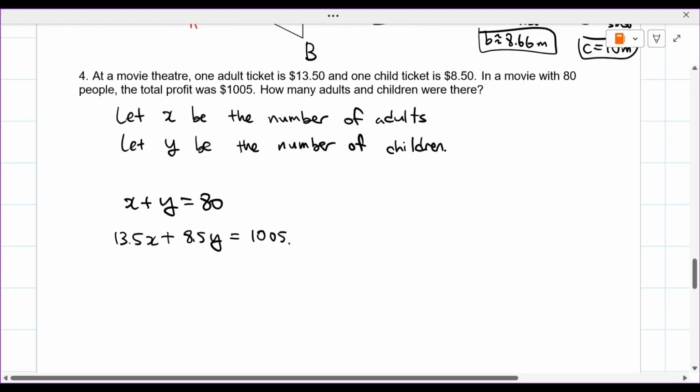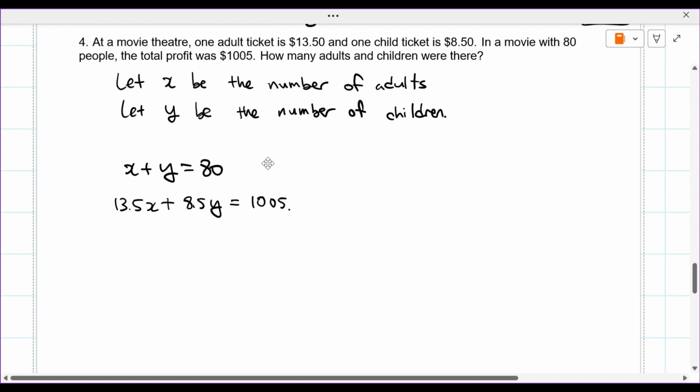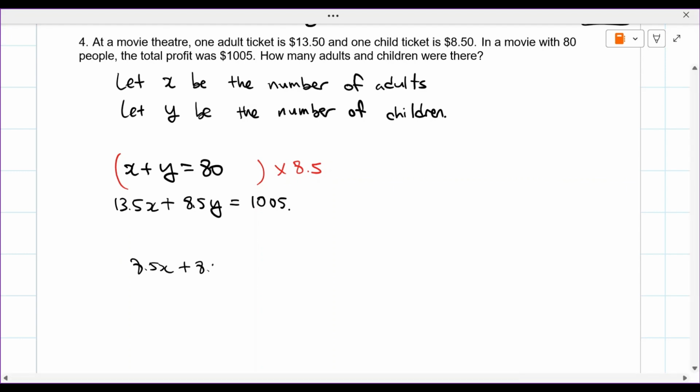Now let's solve this system of equations. I think I'm going to multiply the first equation by 8.5 to match the coefficients of y. So that's going to be 8.5x plus 8.5y equals, and then 80 times 8.5, which is 680.